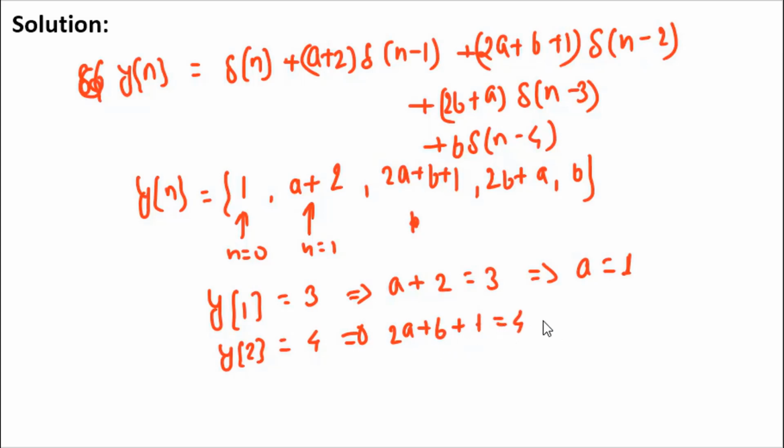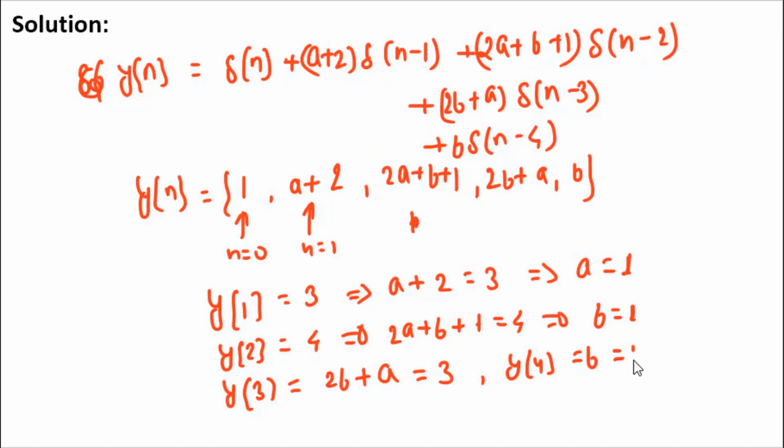You have a equal to 1, so when you put a equal to 1 in this equation, you will get b equal to 1. So you can find y of 3 as 2b plus a, which is equal to 3, and y of 4 equal to b, which is equal to 1.